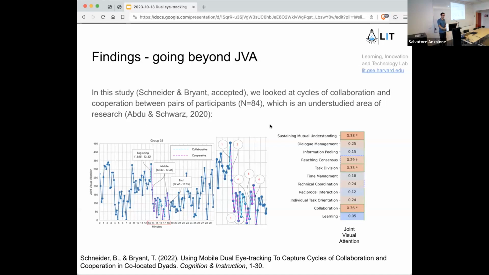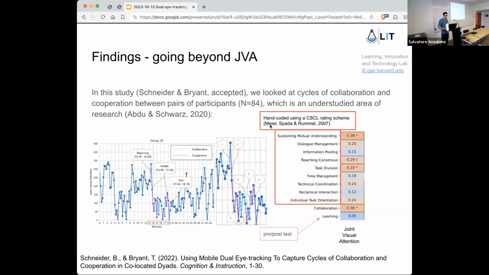So compared to a simple measure of joint visual attention, those are the subdimensions of the rating scheme I was talking about. This is the overall quality of collaboration. It's pretty small, sorry. You find some significant relationships, but not with learning. But if you use this measure of cycles of low and high joint visual attention, you find much stronger correlations, and you actually find correlations with learning gains.